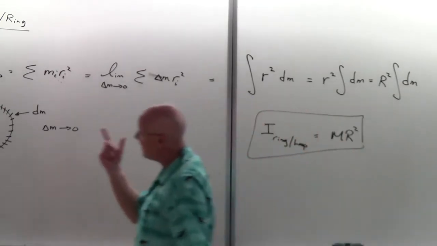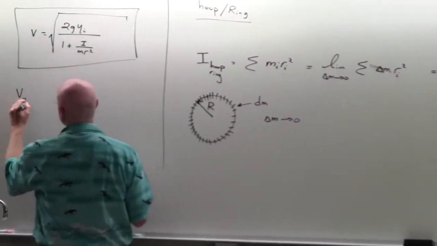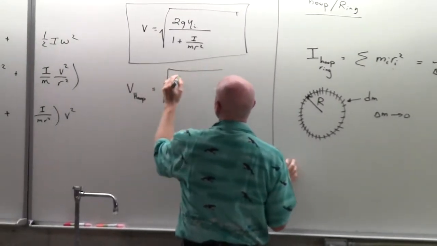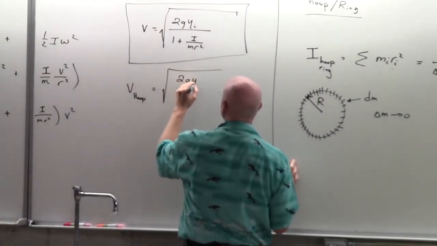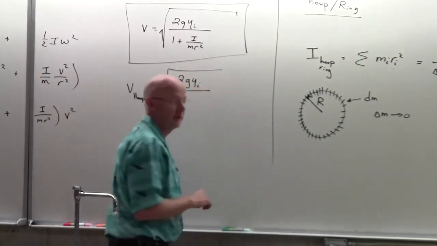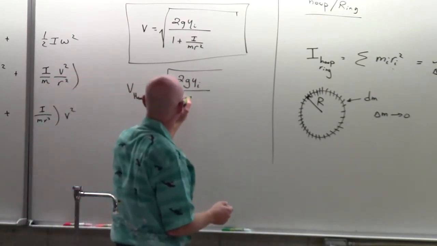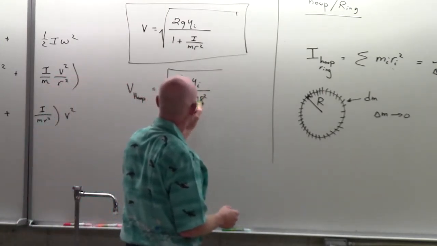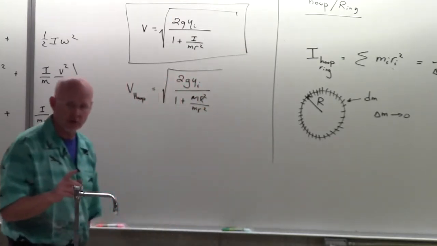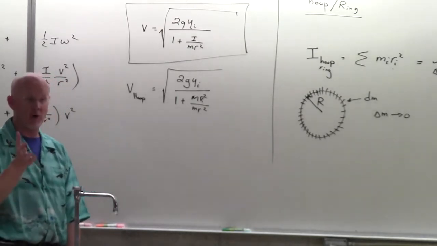And if I use that back over here and ask, what is the velocity of the hoop? It would be the square root of 2 times g times y initial divided by 1 plus, and in the top, I'll put my capital M R squared. Now on the bottom, I have a little m and a little r squared, although they might be the same thing. Let's talk about where those came from.